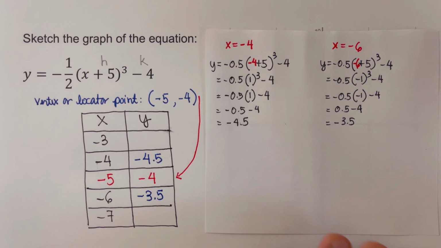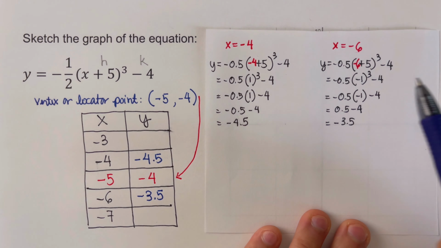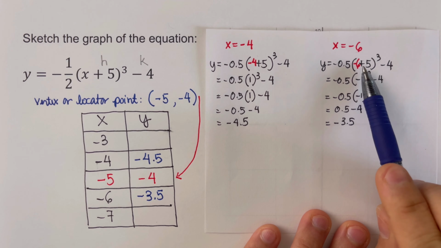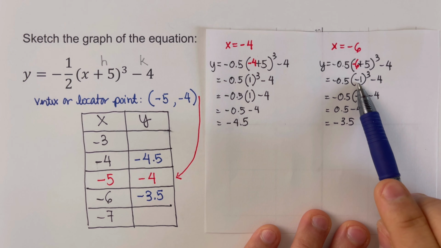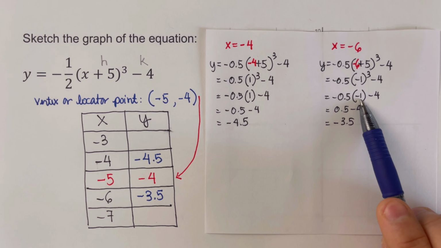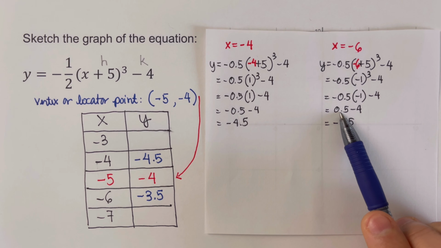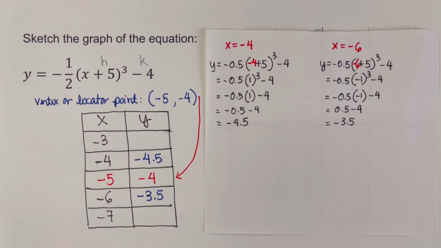Okay, the value for y when x is negative 6 is negative 3.5. So please notice this. Negative 6 plus 5 is negative 1. Negative 1 cubed means negative 1 times negative 1 times negative 1 is a negative 1. So negative 1 times negative 0.5 is a positive 0.5 minus 4 is negative 3.5.